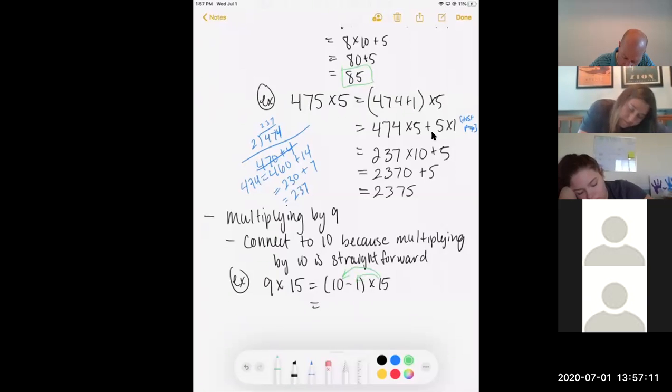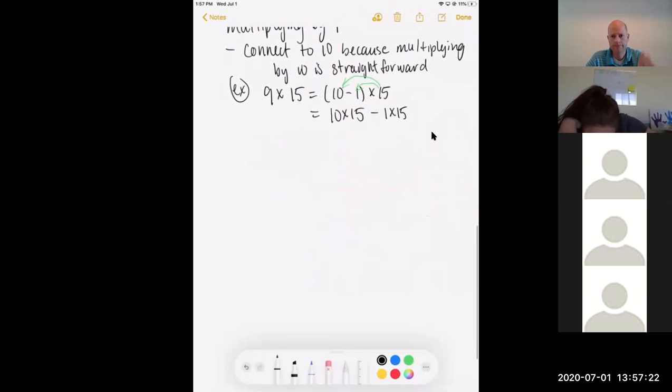We can distribute there. You get 10 times 15 minus 1 times 15. So we're using the ability to multiply by 10 nicely in base 10 to help us. 10 times 15 is 150. 1 times 15 is 15.